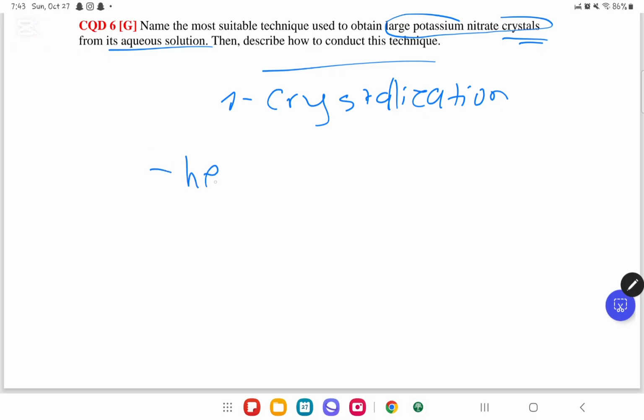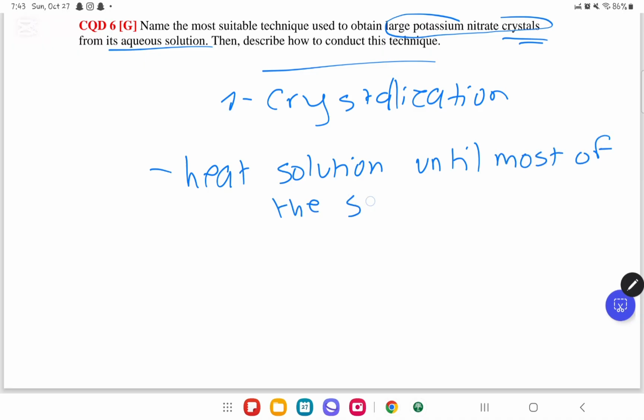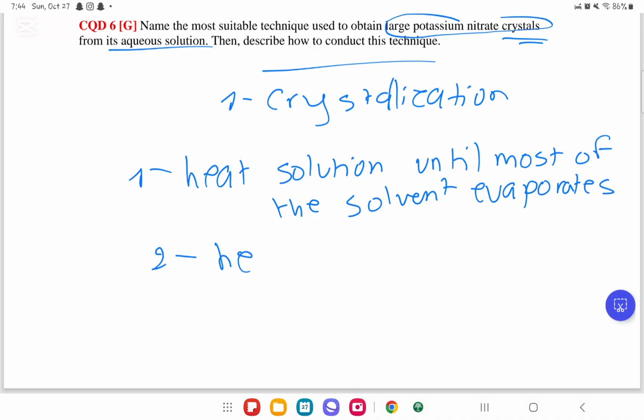So it is crystallization. Now to conduct this technique, the very first thing we're gonna do is we're gonna heat the solution, okay, until most of the solvent evaporates. This is step number 1. Step number 2, you're gonna transfer the dish to an evaporating dish, okay?